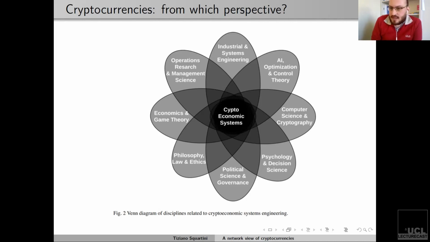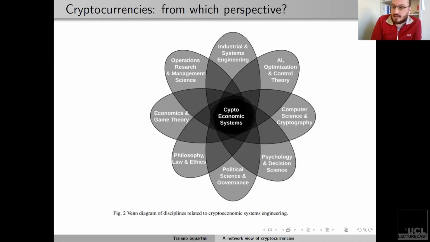So in how many ways can we approach the study of cryptocurrencies? Well, here at IMT Lucca, at least from three different perspectives. There is a proper economic one, so people from economics are interested in, for example, understanding if there is a strategic behavior of users joining cryptocurrencies, or purely from the perspective of computer science.